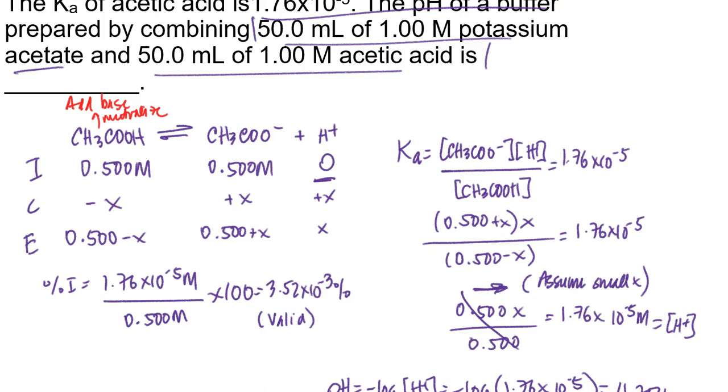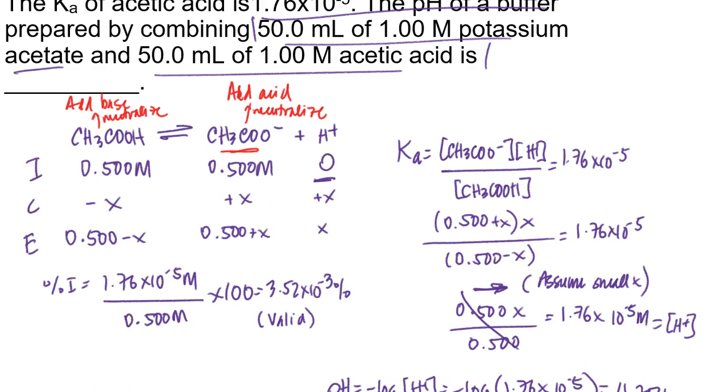If I were to add acid, the acetate ion, being the conjugate base, would neutralize the acid. And in that way, this acetate buffer is able to resist changes in pH when I add strong acid or strong base to it.